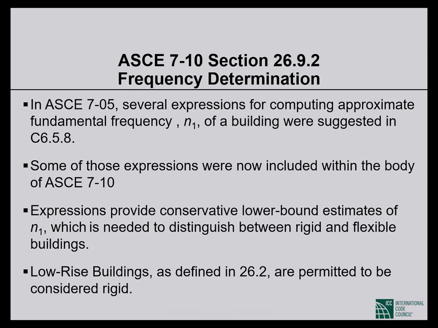Now, very interestingly, having made a distinction between rigid and flexible on the basis of fundamental natural frequency or fundamental period, ASCE 7-05 or BNBC 2020 does not tell you how to calculate that natural frequency or period.